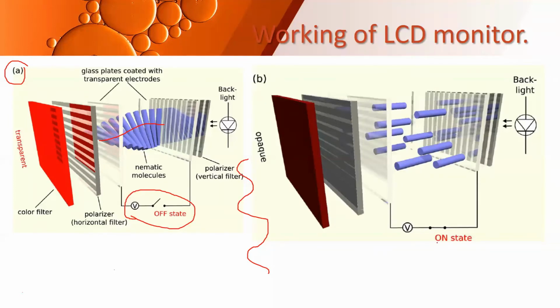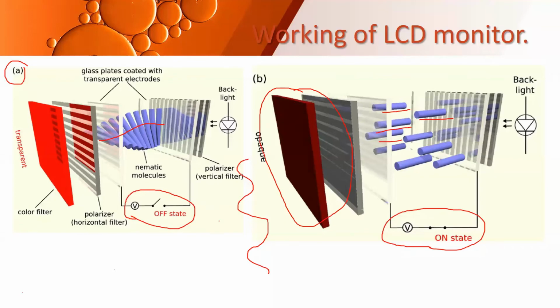Understood? But when it is in the on state, when electricity is made to pass through this, all these crystals get aligned in a straight manner. So now the vertical light rays which are passing through the vertical polarizer plate cannot pass through the crystals, and hence they cannot reach the color filter layer. So this creates darkness at that particular point on the screen.